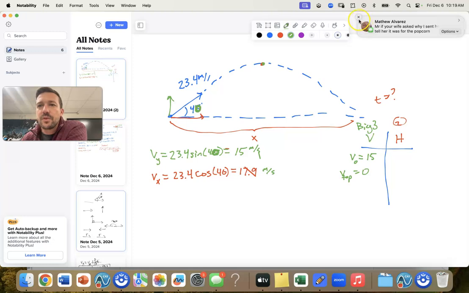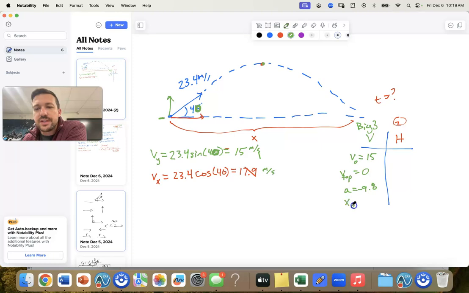Then the next thing that you want to do is write down the acceleration. Remember, it's negative 9.8. Okay, and then I'm trying to think of anything else that we know here. I know my initial position. It starts at the floor, right? My initial position is 0. Okay, that's pretty much everything I know.